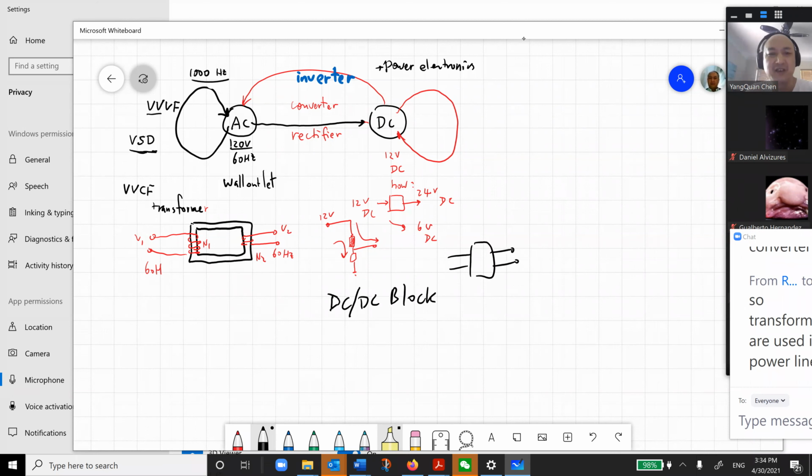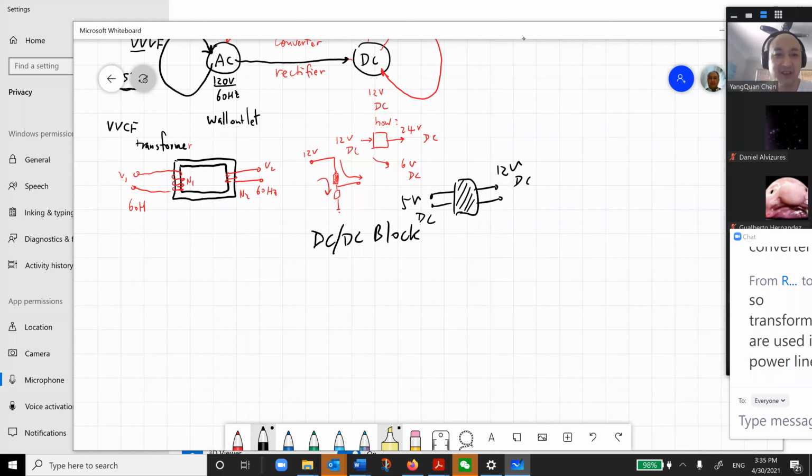Inside is very complicated stuff. You don't need to care, but you need to know how it works, okay? So if you buy, say, this is 5 watt, it can be 12 watt DC. What happens inside the box is like the following, okay?